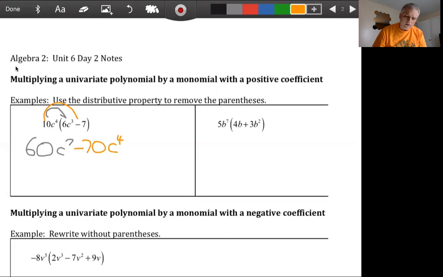The only thing you can ask yourself is, can we subtract or combine these 2 terms into one term? And the answer is no, because we looked last lesson at combining like terms. To add or subtract 2 terms, you have to have the same variable, which these do, they both have c, but those variables have to have the same exponents. These don't. So this is as far as you get.